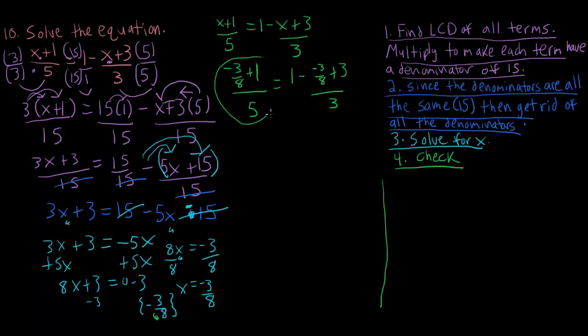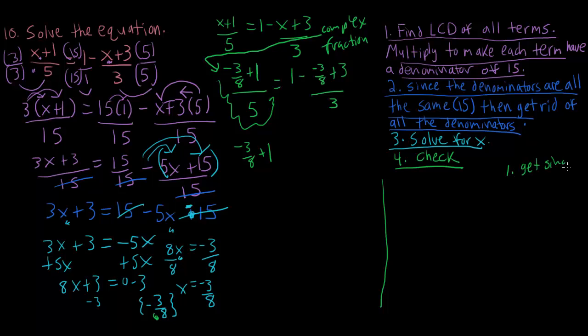We can start with the left side of the equation, and we can just go ahead and simplify this. So negative 3/8 plus 1, this right here is a complex fraction. And to simplify a complex fraction, we need to get a single term in the numerator and a single term in the denominator.